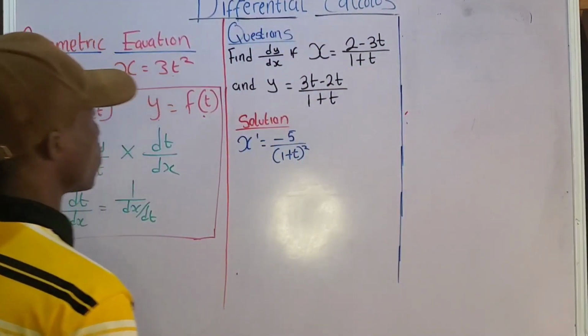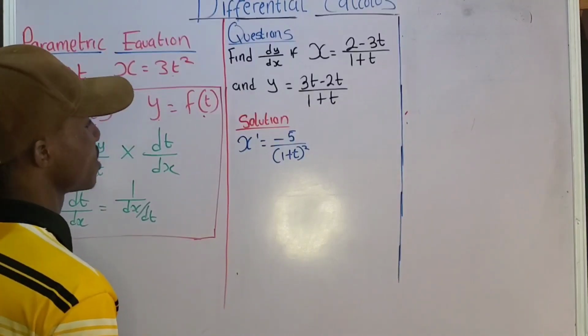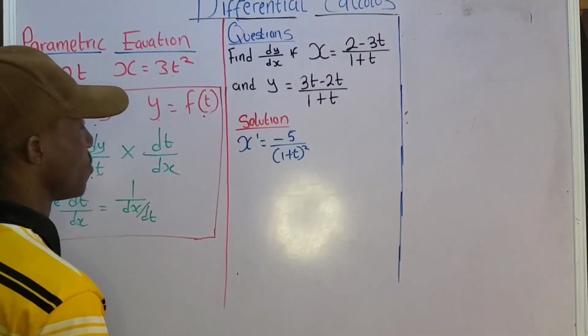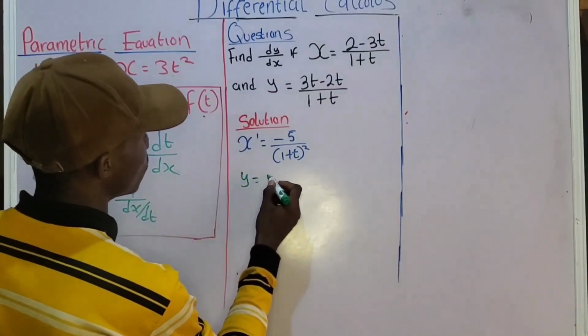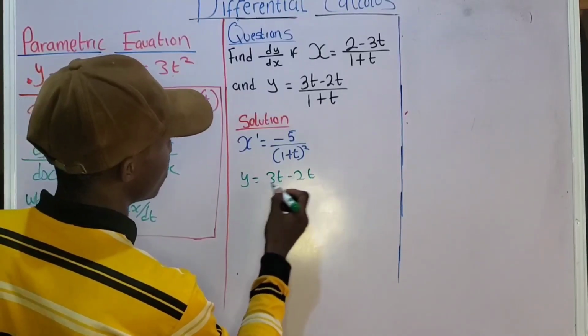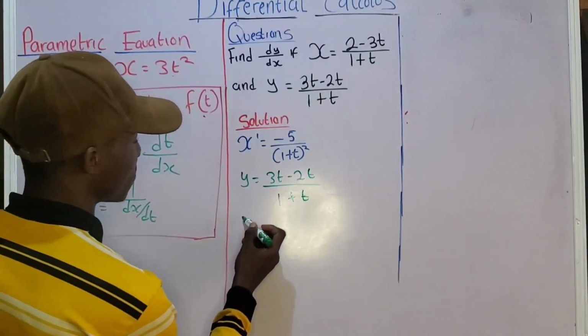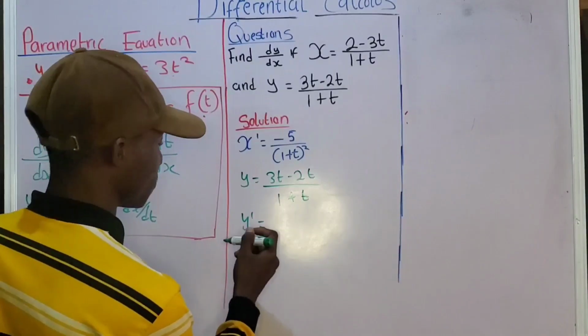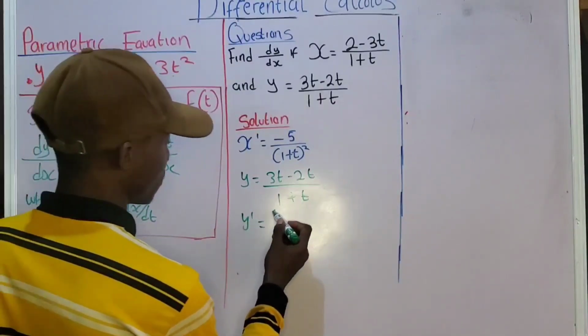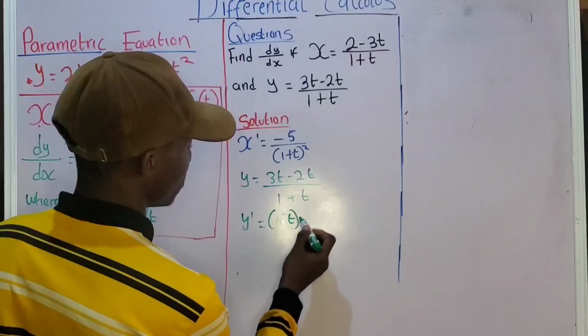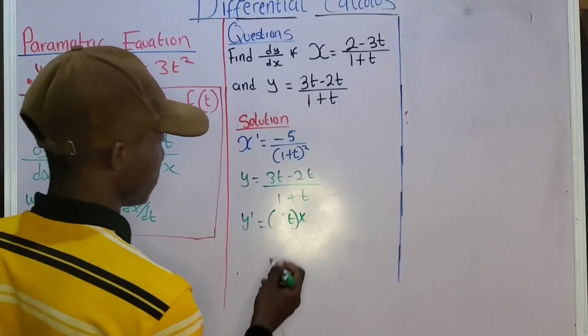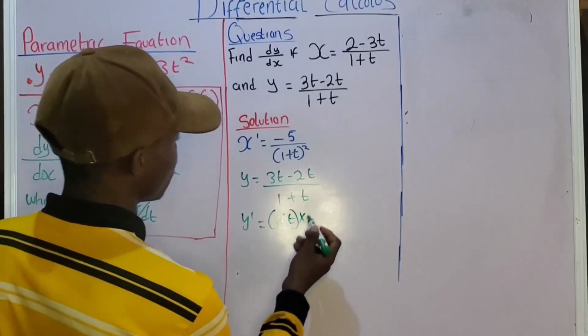We are still going to make use of the quotient rule because y is also in the quotient form. So y is equals to 3t minus 2t all over 1 plus t. So let us proceed. For this, I'm going to have derivative of y is equals to 1 plus t multiplied by the derivative of 3t minus 2t, that is 1.